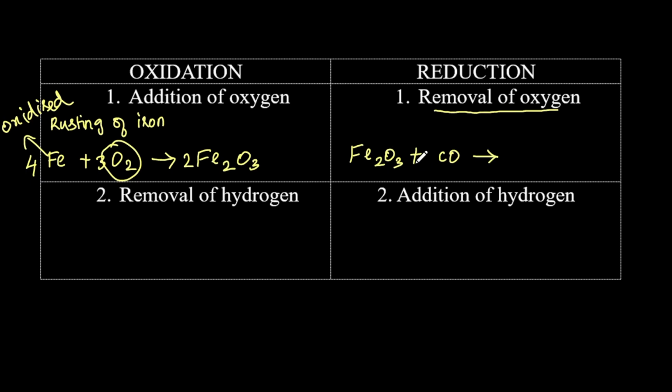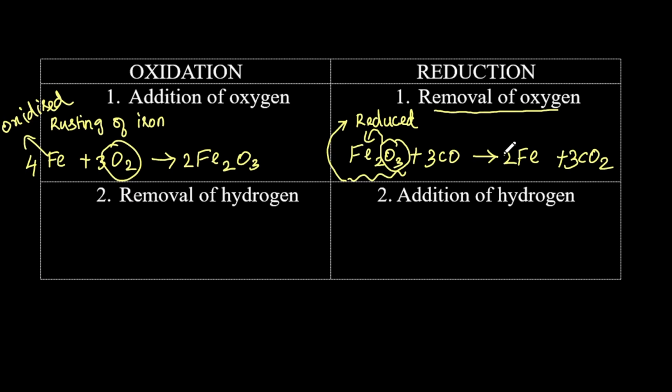Here the oxygen from the compound is removed. We get the metal again, and CO is converted to CO2. So here oxygen is removed from the metal, and this whole compound is said to be reduced.